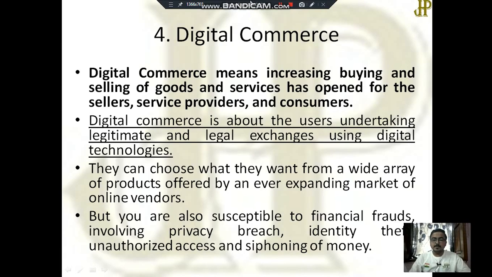Digital commerce means the increasing buying and selling of goods and services has opened up for the sellers, service providers and consumers. For example, Flipkart and Amazon are doing very well in India through some festival sales. Digital commerce is about the user undertaking legitimate and legal exchange using digital technology.